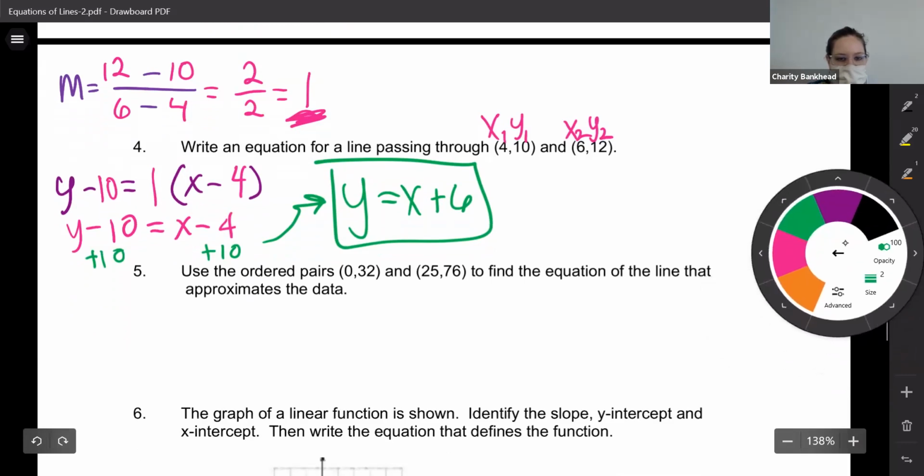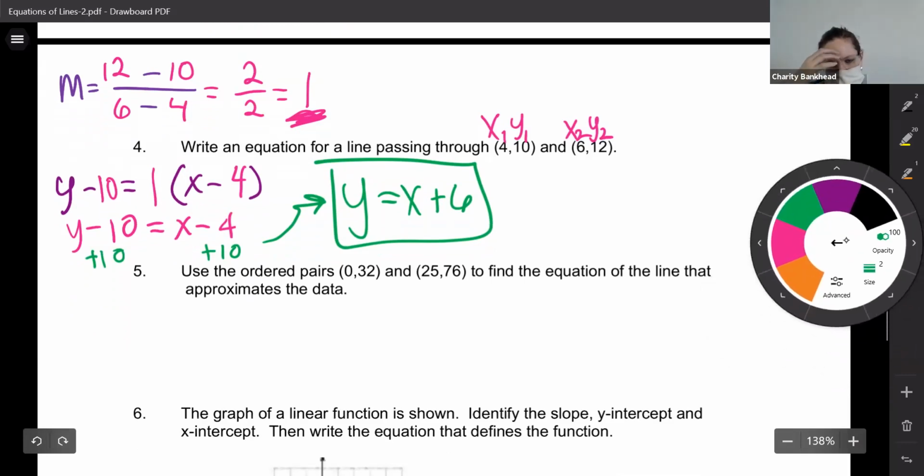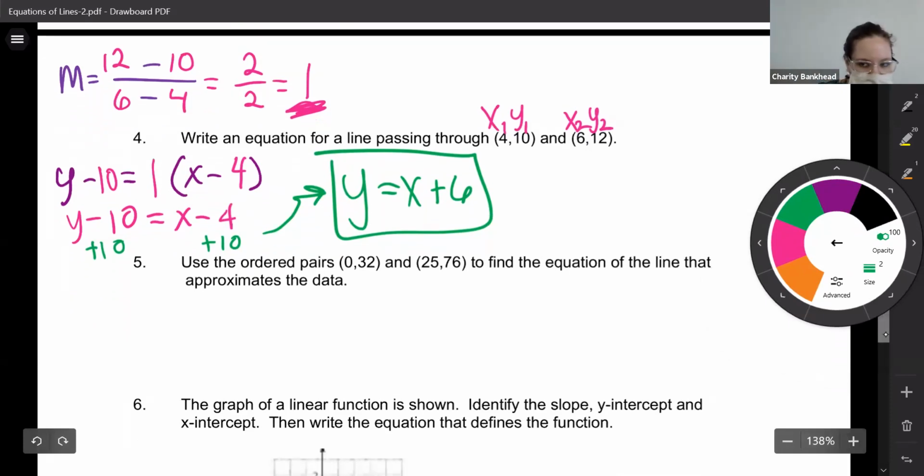Okay, and then number 5 says use the ordered pairs (0, 32) and (25, 76) to find the equation of the line that approximates the data. So in other words, just the same thing as we just did on number 4. So we have x1, y1, x2, y2.